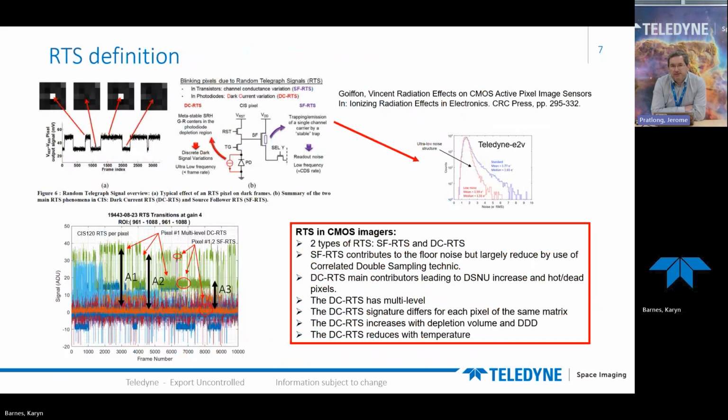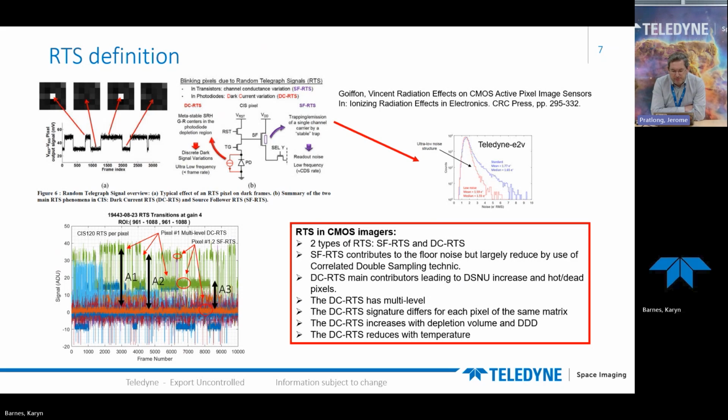In terms of RTS, we've got to differentiate two types of RTS. At the top left, there is a snapshot of a very good paper from Vincent Goiffon, distinguishing the two types of RTS. The first RTS is named here as dark current RTS or DC RTS, and is coming from this level that we've just seen, creating in the photodiode some discrete dark signal variation.